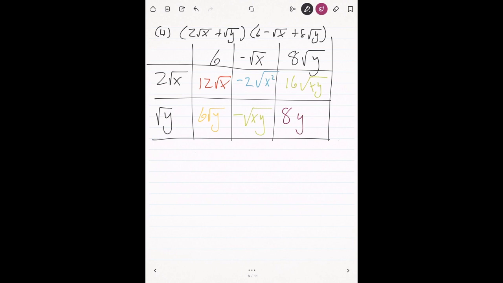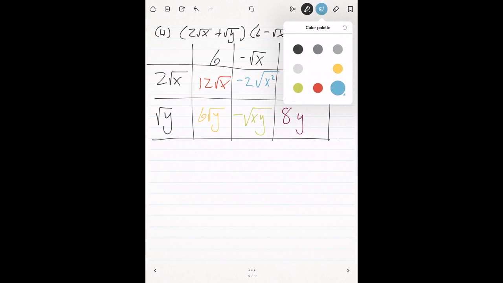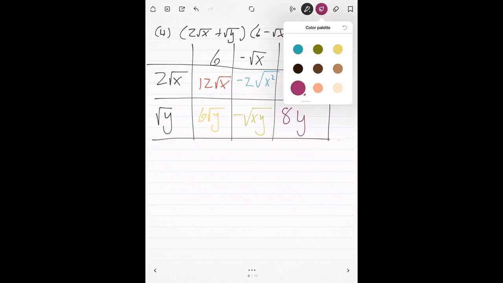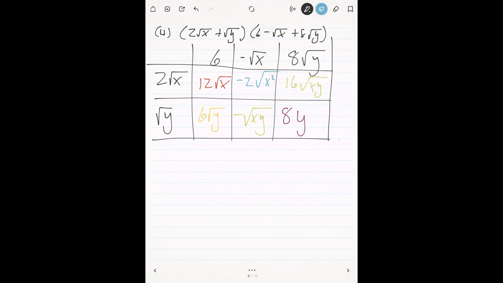So we have the 8y there. You should also notice that the square root of x squared can be broken down. So let's change the square root of x squared to just x.